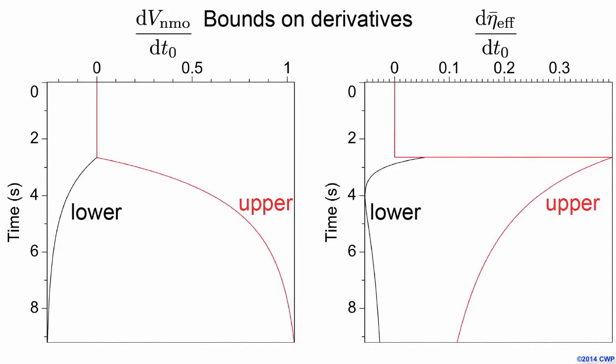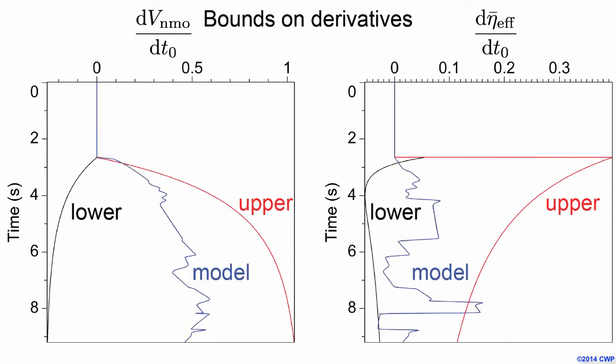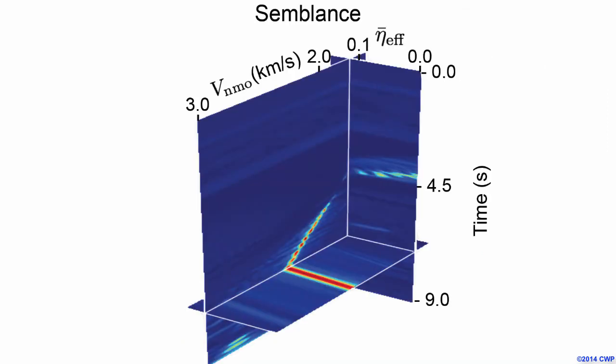So if we compute the derivatives of these parameters from the bounds on the interval parameters, we get upper and lower bounds on these derivatives. And if we compare this to the derivative of the model parameters that we compute from the parameter field, we can see that generally we are constraining these derivatives with plenty of room to spare.